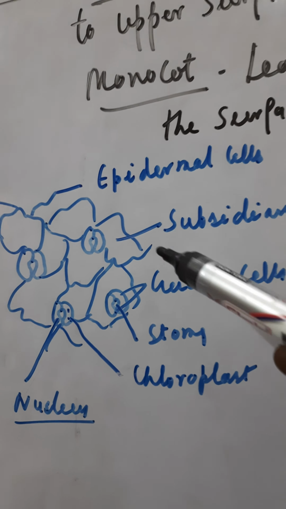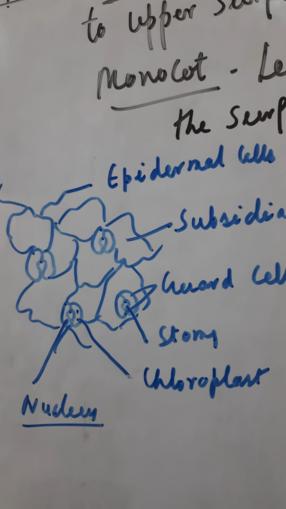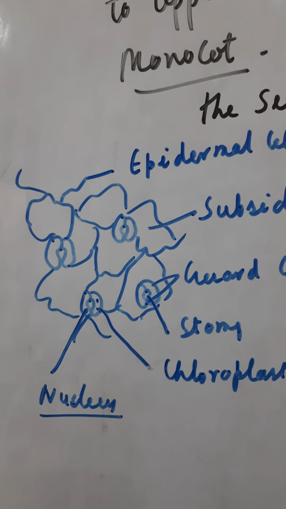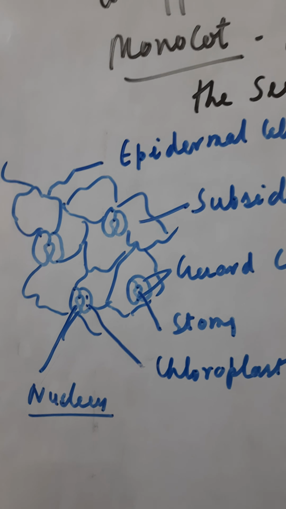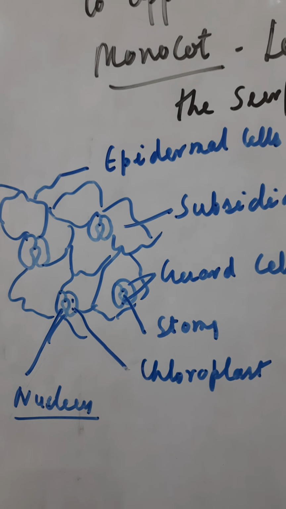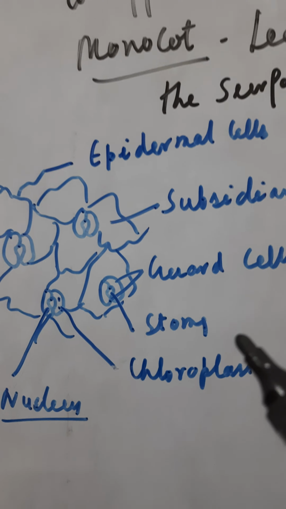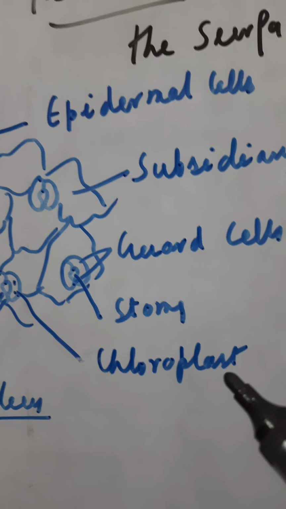Now you will have to count the number of stomata in three successive fields. You will cut the section as it will be written in the question, that this many centimeters you have to cut, and in these three successive fields you will have to find out the number of stomata.